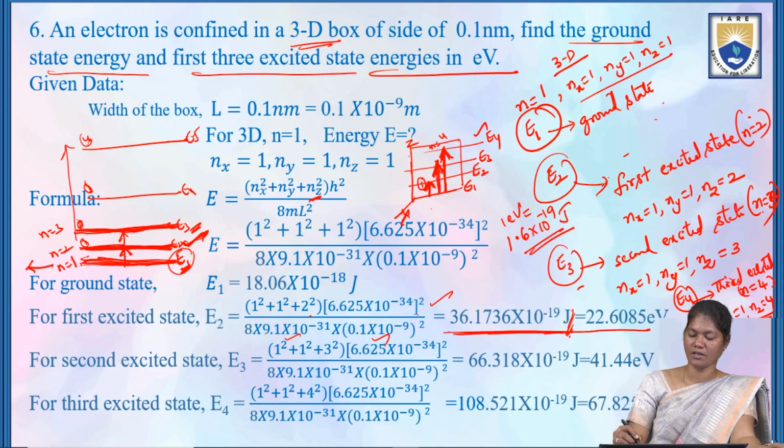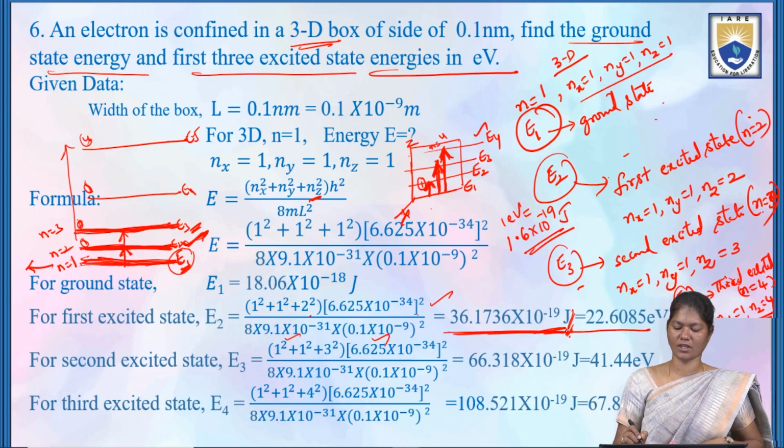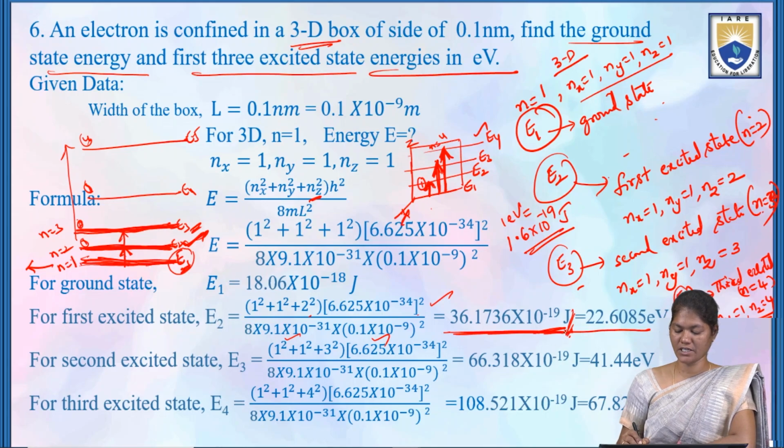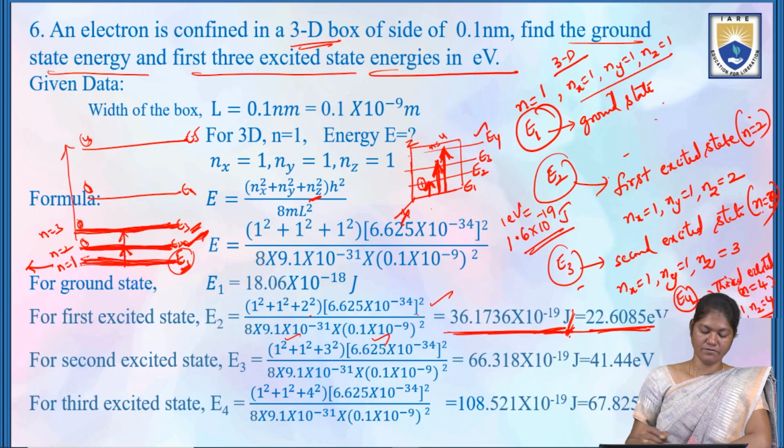So dividing by 1.6 into 10 power minus 19, we will get 22.6085 electron volts.